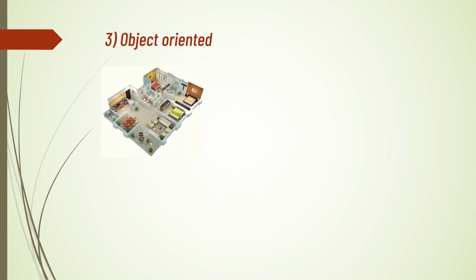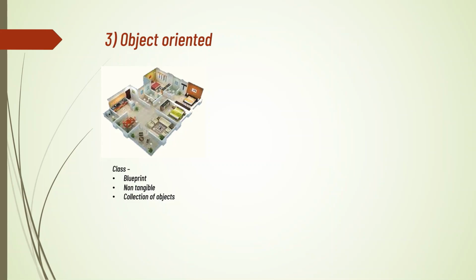Another feature of Java is object oriented. As we know, object oriented is the concept of classes and objects. So what is a class? A class is basically a blueprint, and that is non-tangible and is a collection of objects. Let's say we have a map drawn on paper, so that is non-tangible.